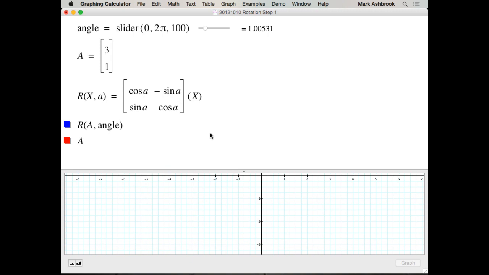Does that make sense? So instead of defining an M, I never defined an M, and I just put that matrix in the function rule using the dummy variable A and capital X, and then when I call on capital A for the point and angle for the A, it plots the point blue.